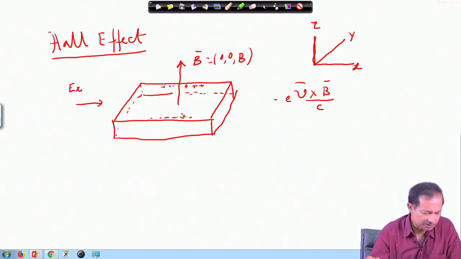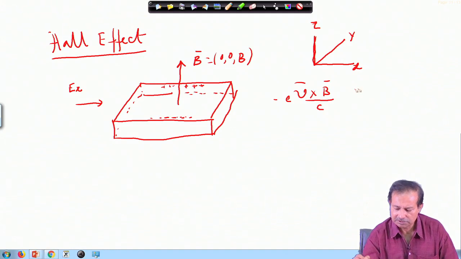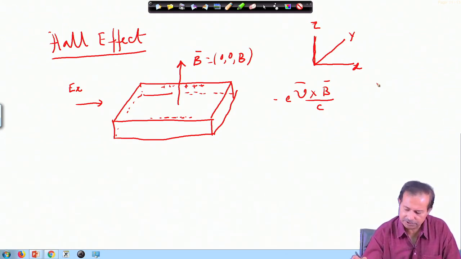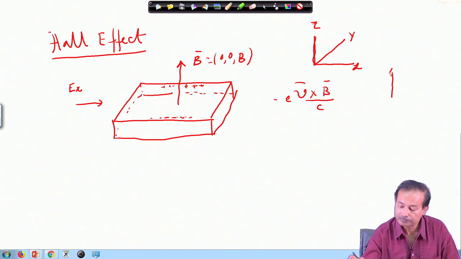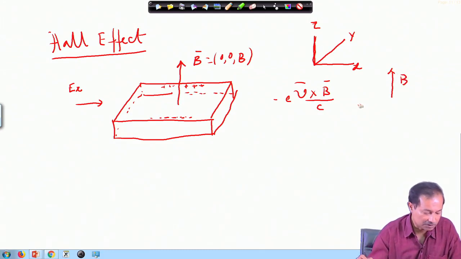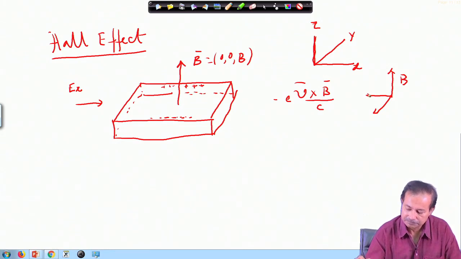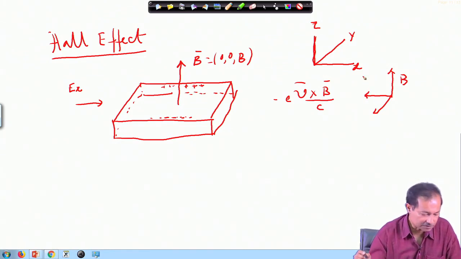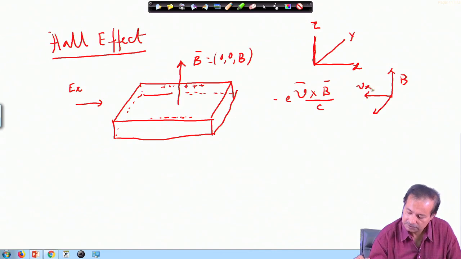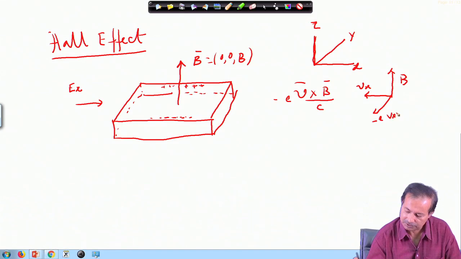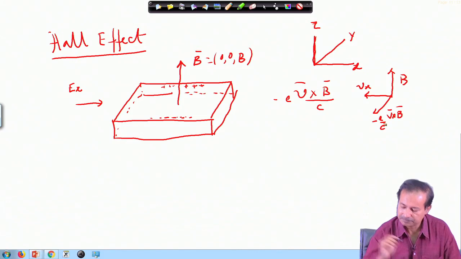So, let us calculate it, and first let me show you the directions. This is my B along the z direction, and this is the direction of, see, this is v_x, and this is minus e v cross B by c.